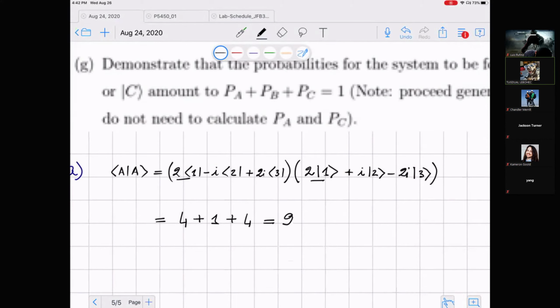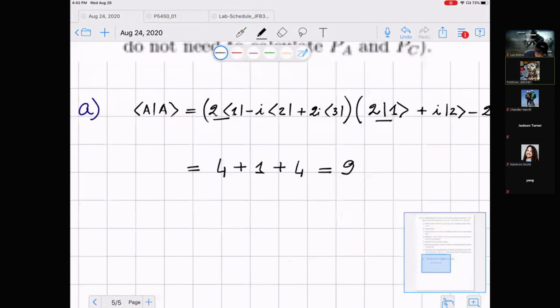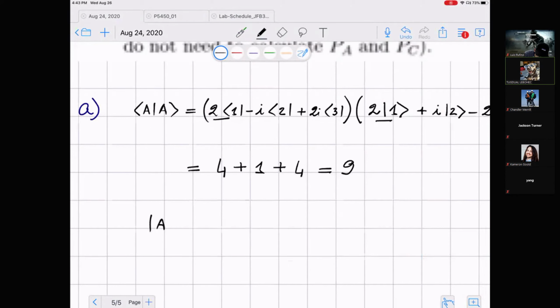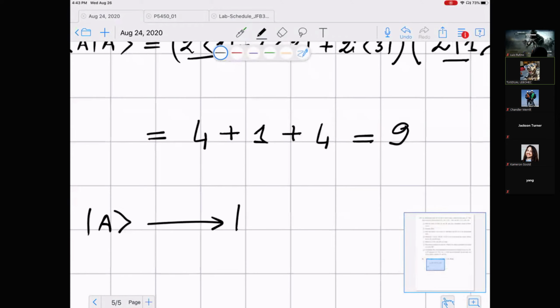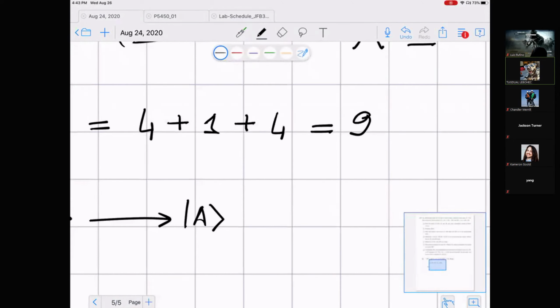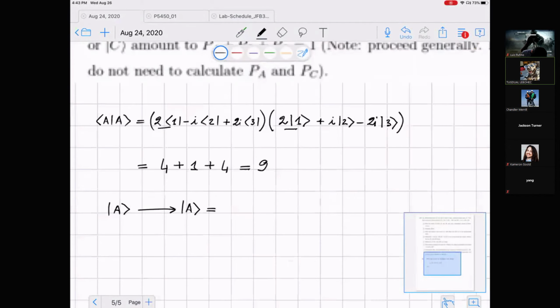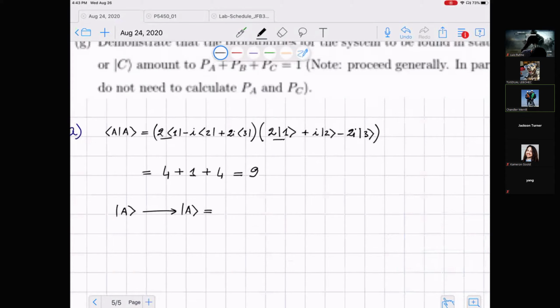So in order to have, what should I do? I have this A, and since the bracket AA is equal to 9, how should I rewrite a new A such that the norm of A is equal to 1? You just put it over 9.